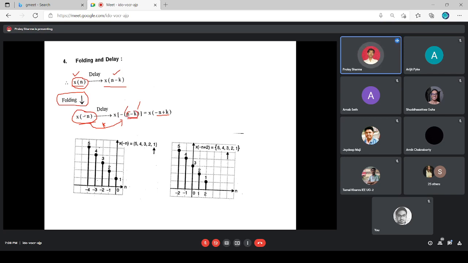This minus sign will not come into the picture. We have to provide the shifting only in the bracket term, that is this n minus k. If we omit the bracket, it will be minus n plus k.